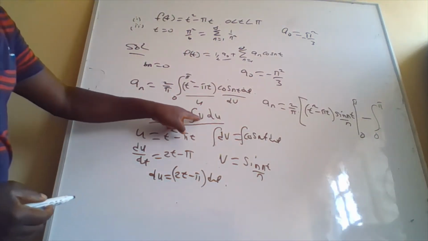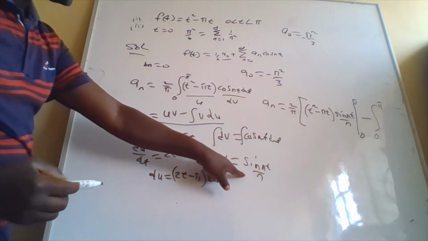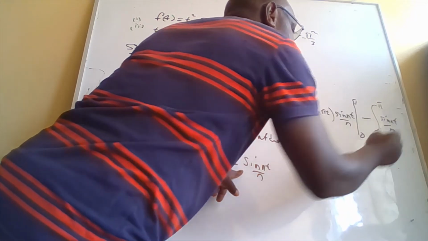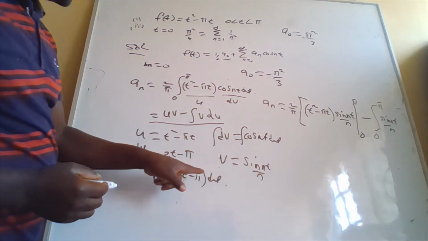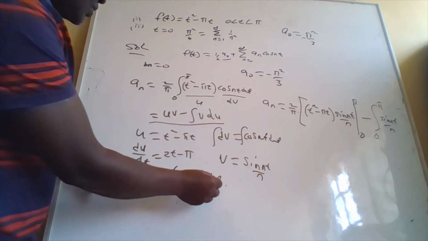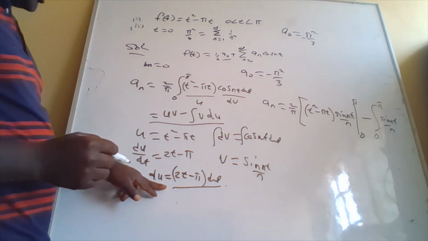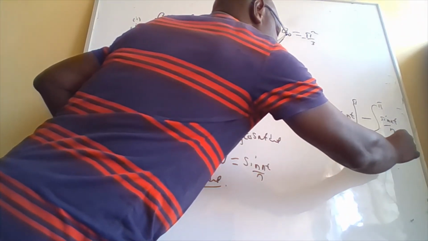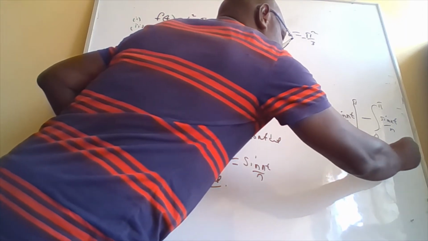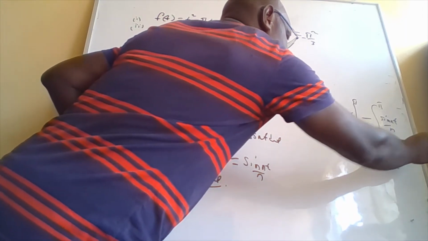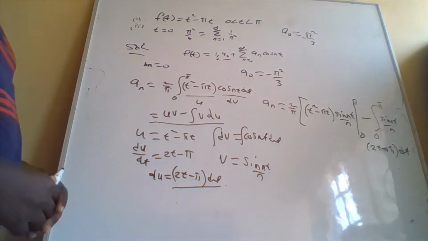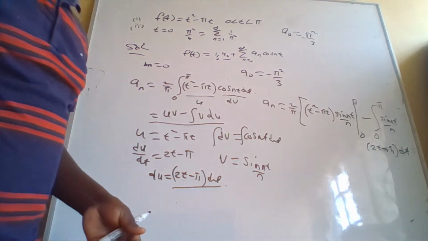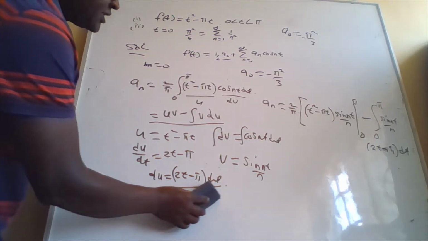But what do we have? This is our v, then du is this one. So our a_n is now given by that. We can now rearrange the equation. Let me wrap up here.